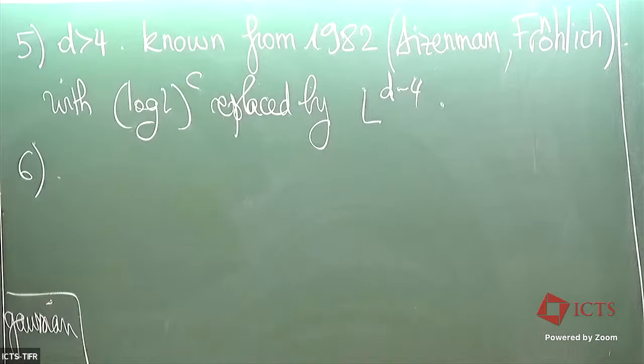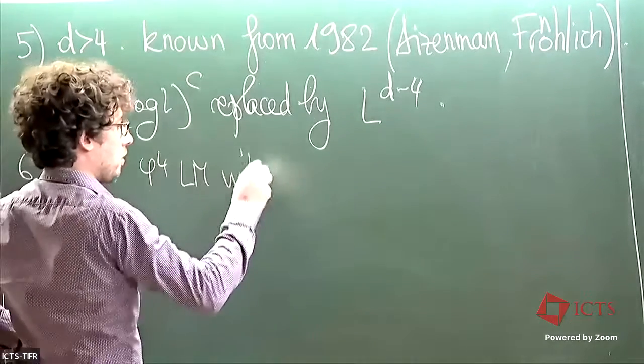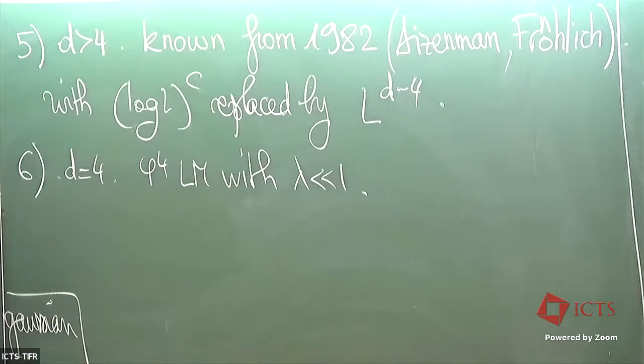And the last comment is that for D equal 4, these things were known in one context, if you take the phi 4 lattice models but you take lambda very small. So phi 4 lattice model with lambda tiny. In some sense, you feel you are starting close to a Gaussian process. Where then in this context, you can actually run a rigorous renormalization argument to prove that you converge to Gaussian free field.